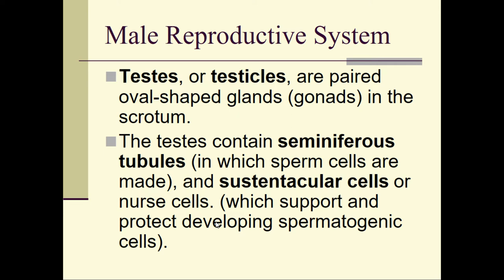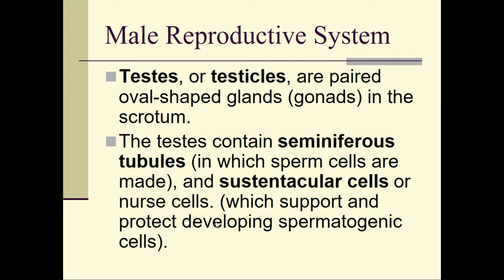Meiosis is the process where one diploid cell will divide twice, go through two divisions, and give us 4 haploid, or half the chromosome number, cells. And then those cells will be grown through the process of spermatogenesis into sperm cells.